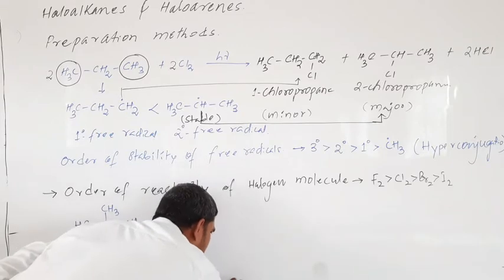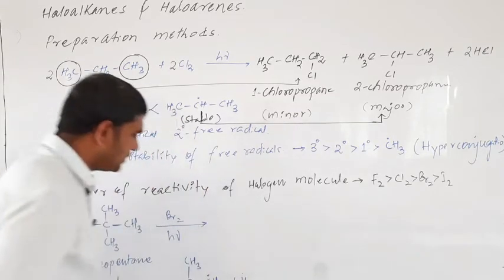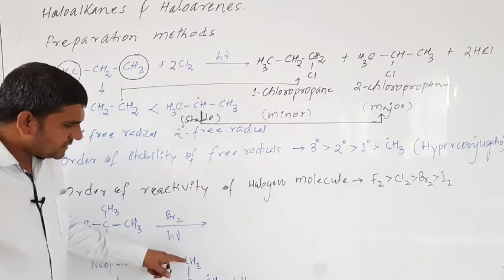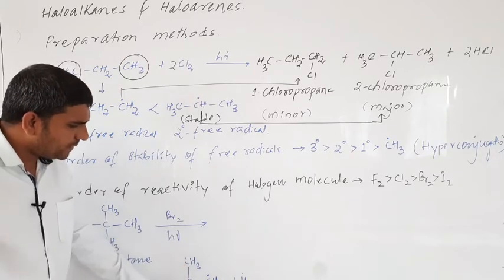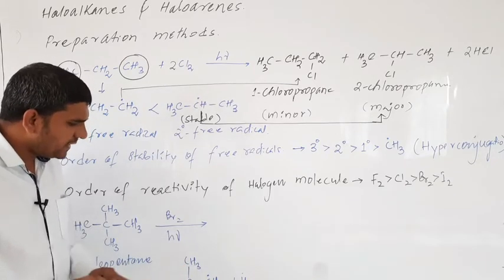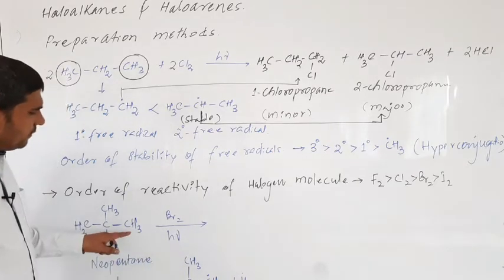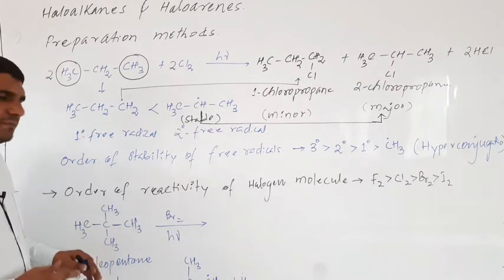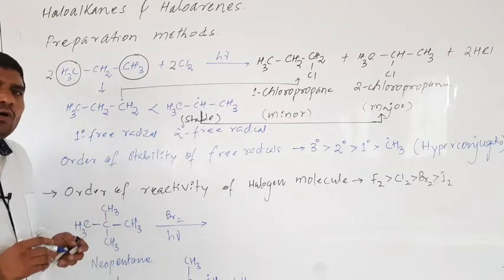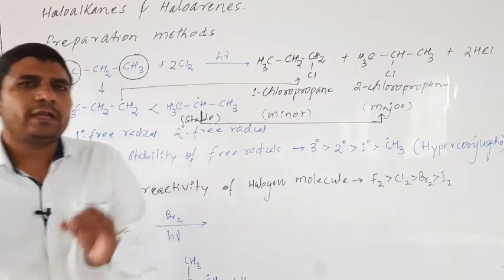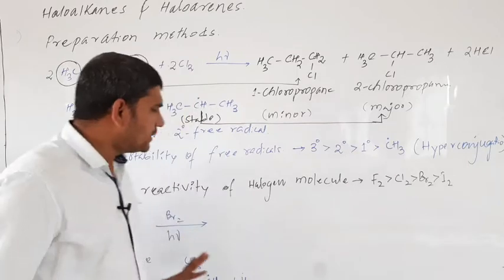Plus H dot. This is the free radical. If you replace this hydrogen, the free radical formed is the same. If you replace this one, the same, because all the methyl groups are equivalent. If they are equivalent, then on the homolysis process, the free radical should be the same. Understood?